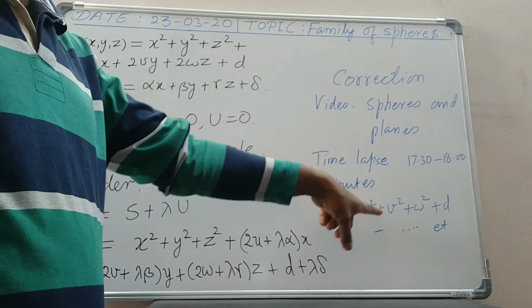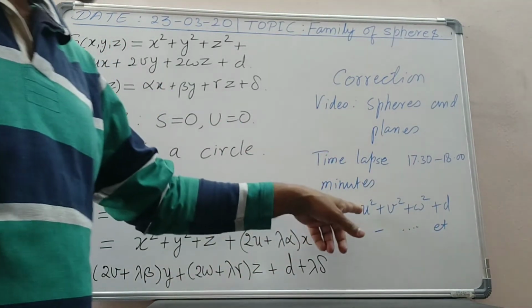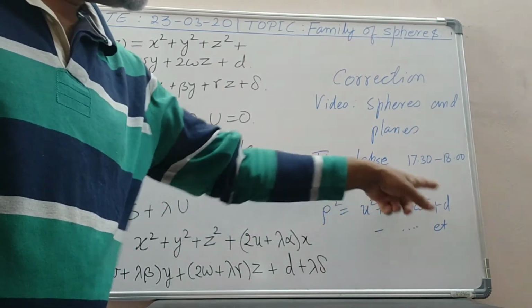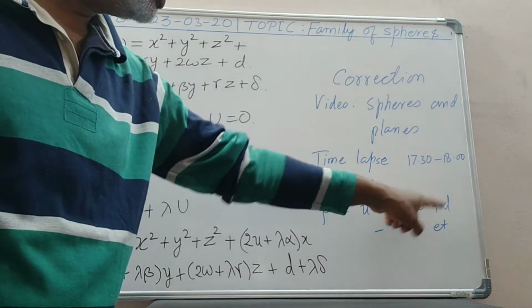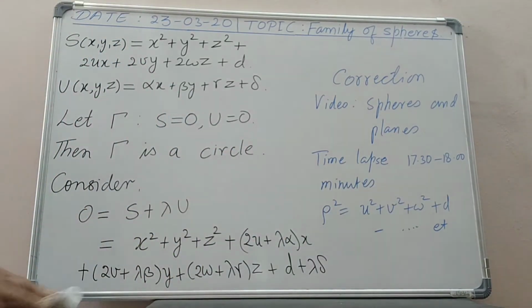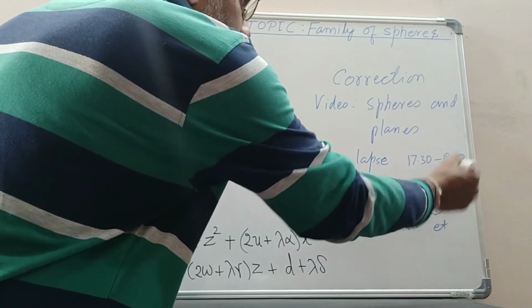I've written u square plus v square plus w square plus d and something else. I had intended to write the radius of the sphere, and there's a sign mistake over here. So instead of a plus sign, this should actually be negative. That is the correction.